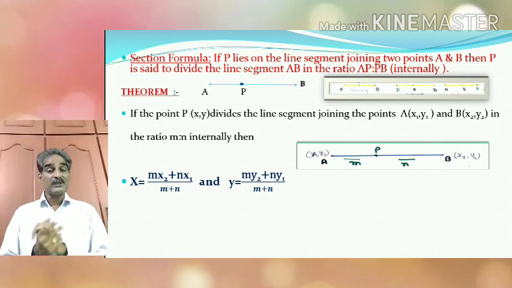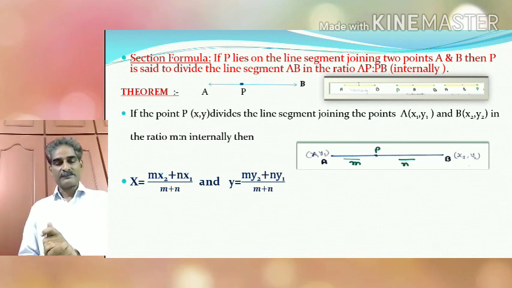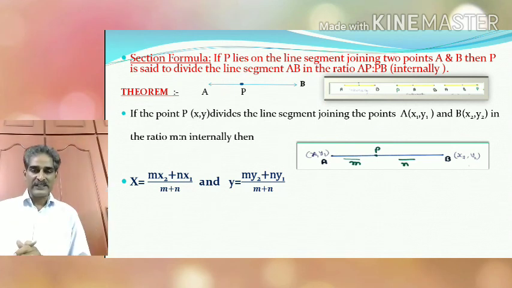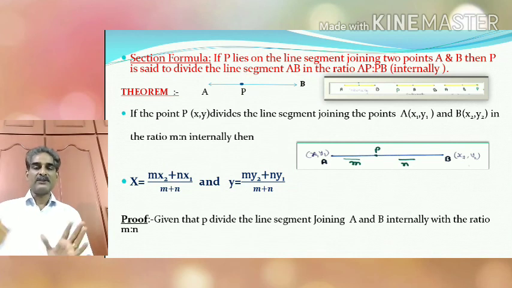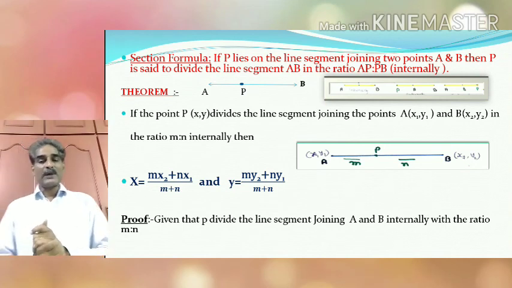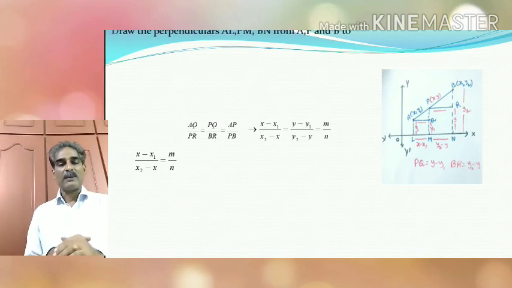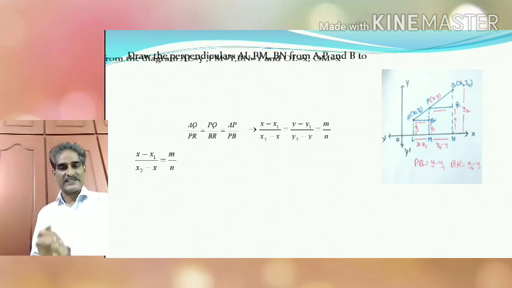Here the diagram is very important. So consider the coordinate system and take the 2 points in the plane A and B, join them. So take P as a point on the line segment AB. Okay, now draw the perpendiculars AL, PM and BN from A, P, B to the x-axis.